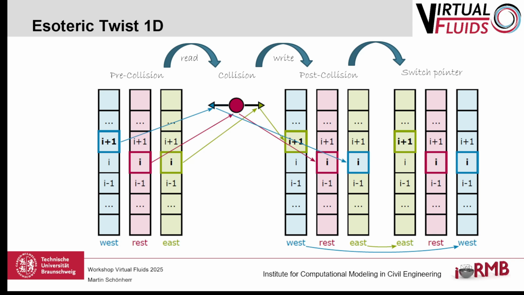You can store something. So the west term goes back to the same place, and the post-collision west term goes to the east array at I. Then we swap the pointers and call this thing east and this thing west. And so we have the collision and the streaming in this one step. This is basically how esoteric twist works.